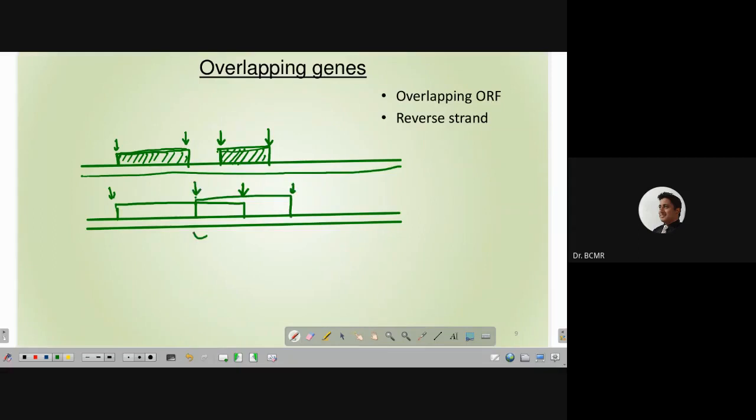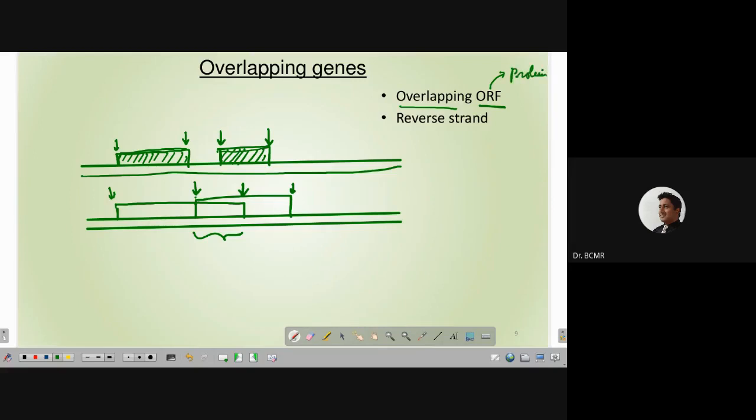So there is an overlap. Those are referred to as overlapping genes, or ORF for open reading frame. In the next classes, we will know what an open reading frame is. For the time being, you should know that an open reading frame codes for a protein.